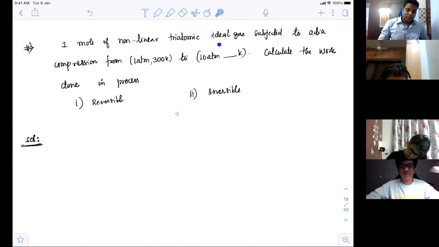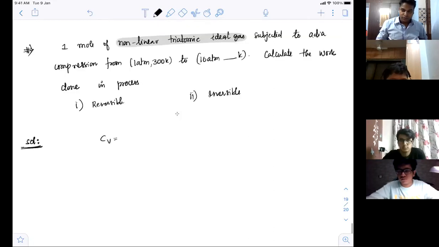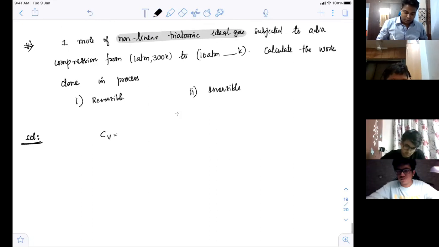See, guys, first we need to understand this non-linear triatomic ideal gas. What does that tell us? Which means the gamma value, Cp value, first Cv value would be equal to how much? 7R by 2. This is gamma.